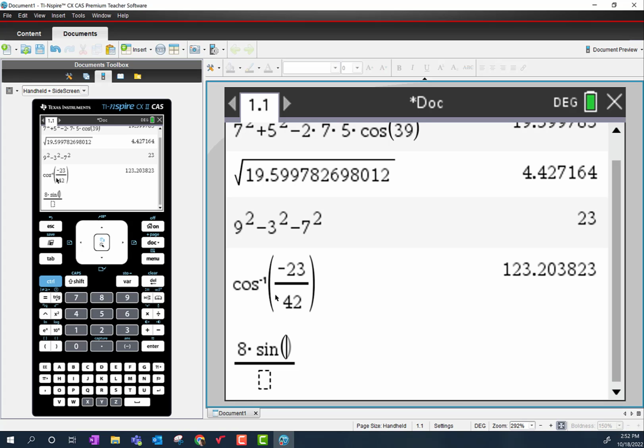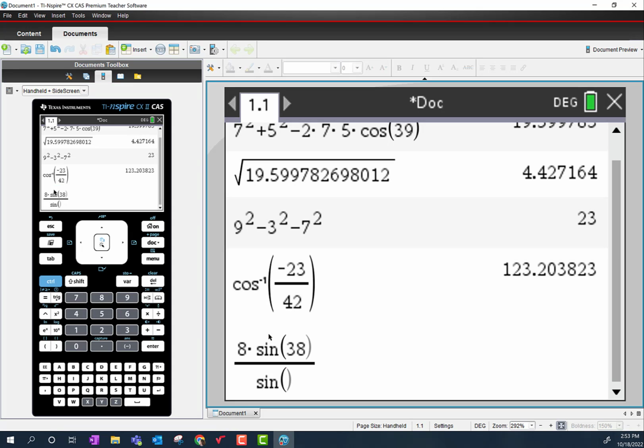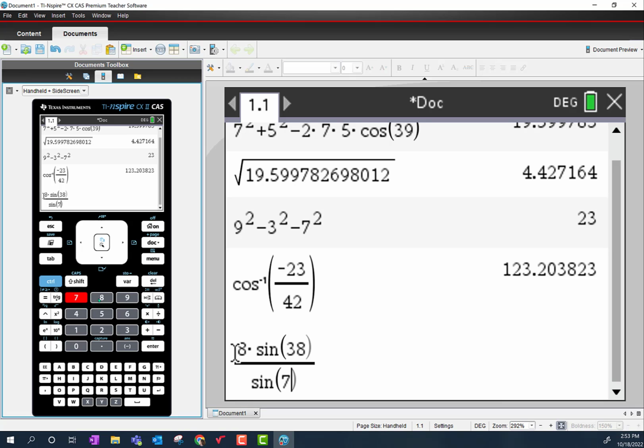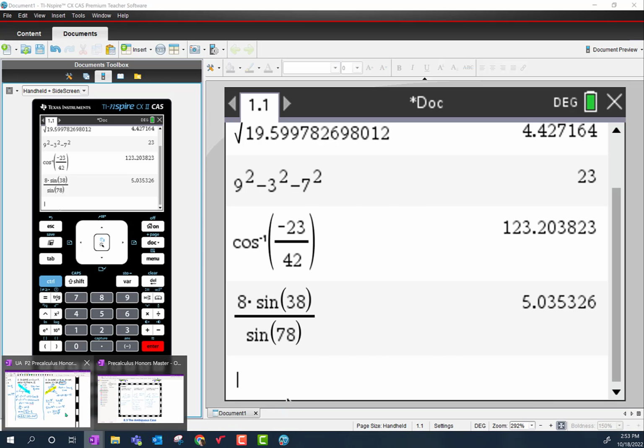So 8 times sine of 38 degrees over sine of 78 degrees. And of course we want to control enter, so it gives us an approximation. So 5.035. Okay, so let's go back.